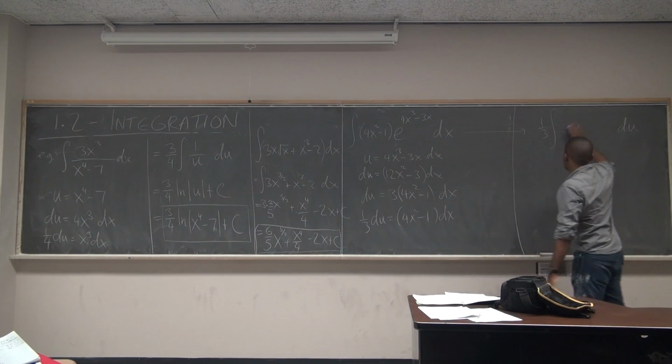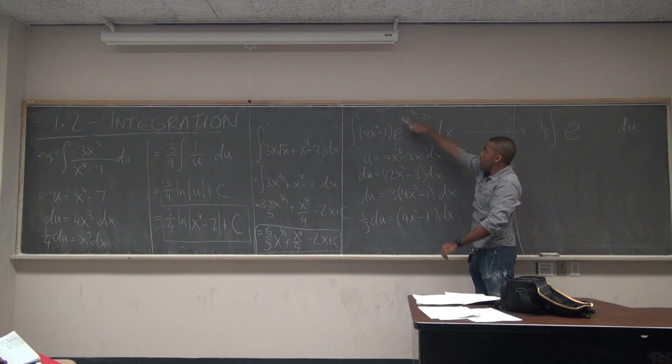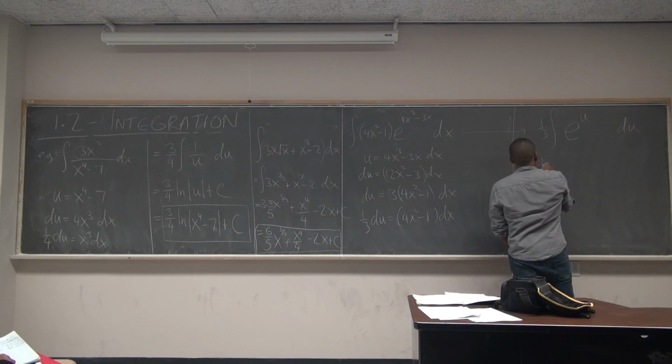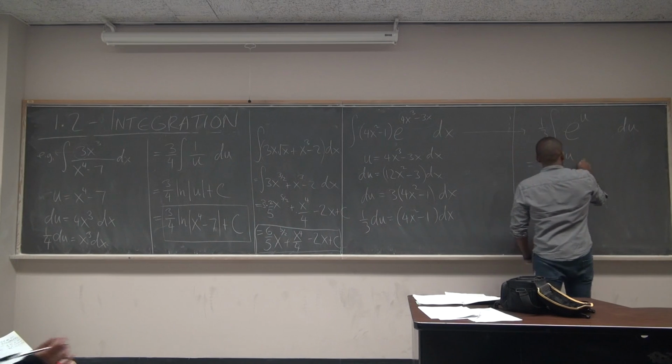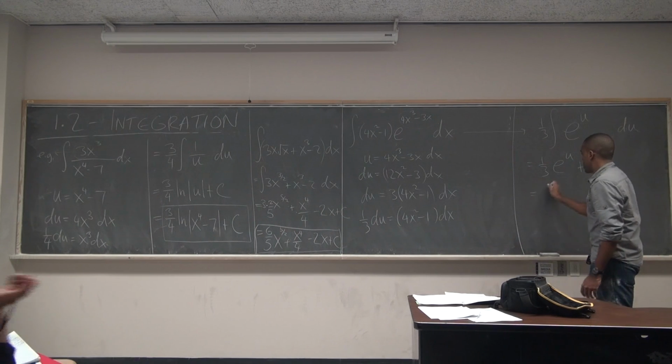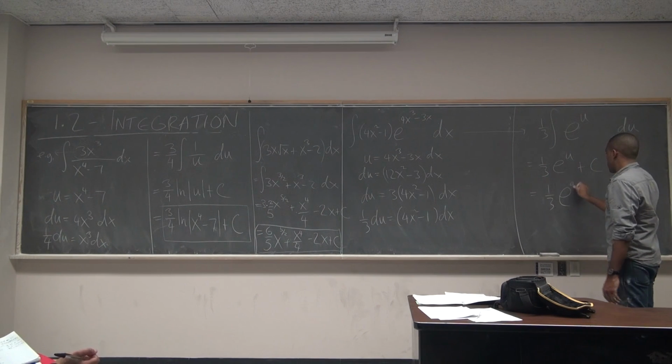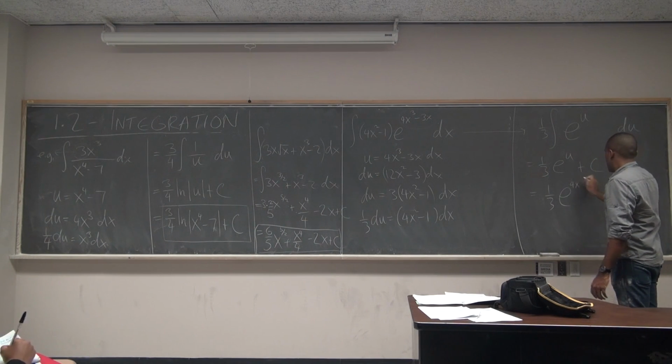I'm left with e. I didn't do anything with that, but the power, I made it u. Integral of e to the u is e to the u. And so this is 1/3 e to the 4x cubed minus 3x.